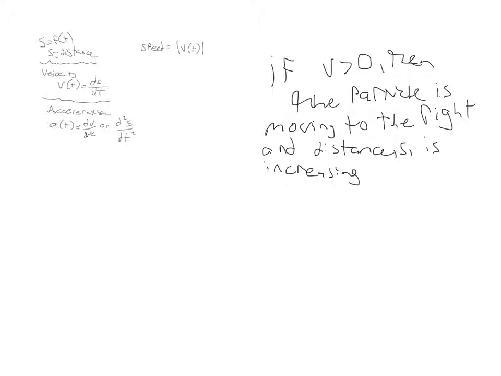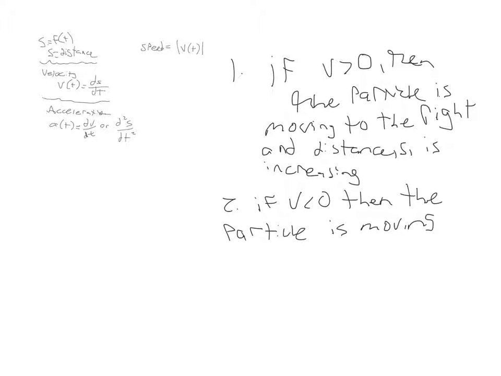Number 2, if the velocity is negative, then the particle is moving to the left, and your distance s is decreasing.